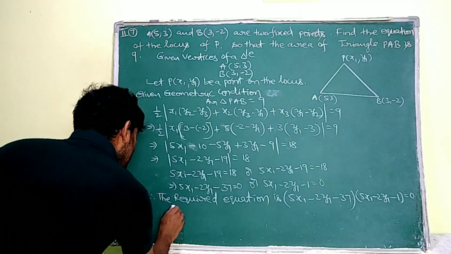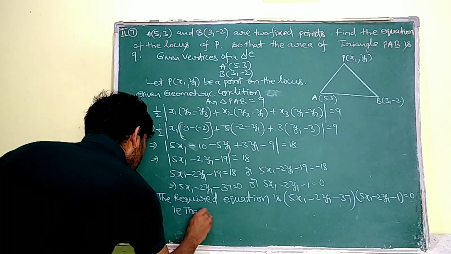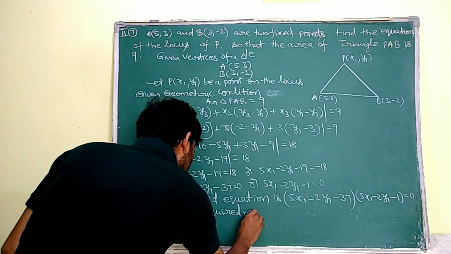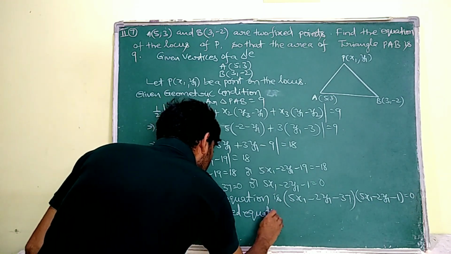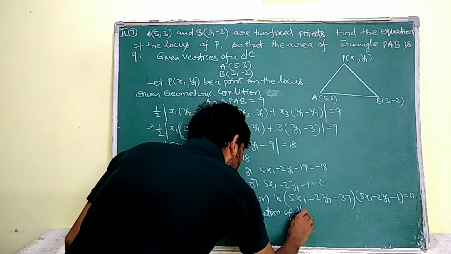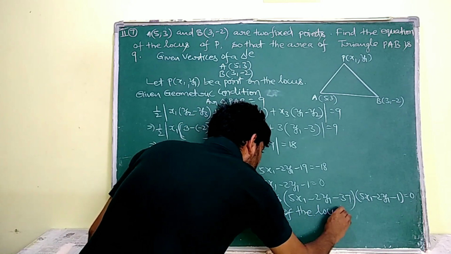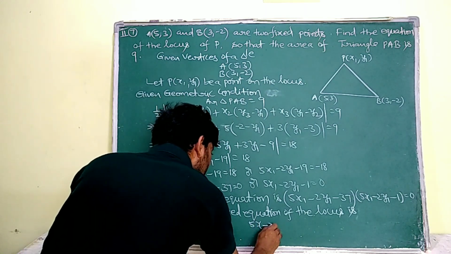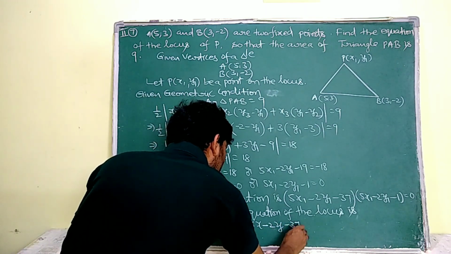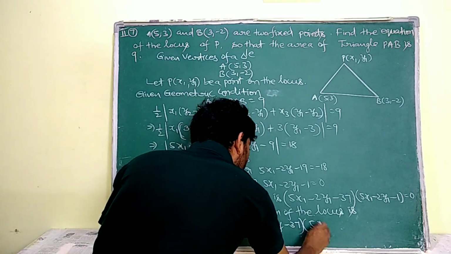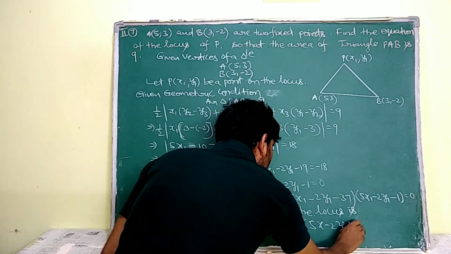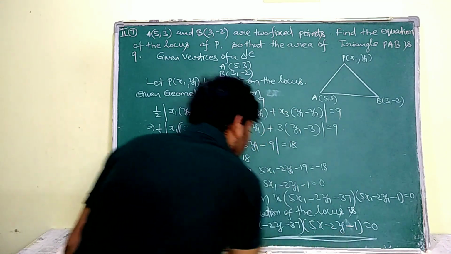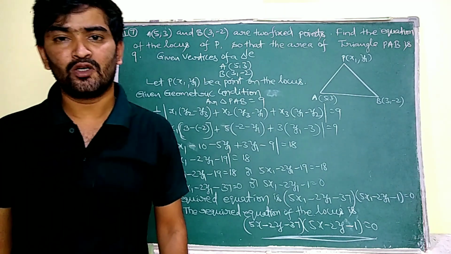That is the required equation of the locus. We know that we have to express it in terms of x and y now: (5x minus 2y minus 37) into (5x minus 2y minus 1) is equal to 0. This is our required equation of the locus.